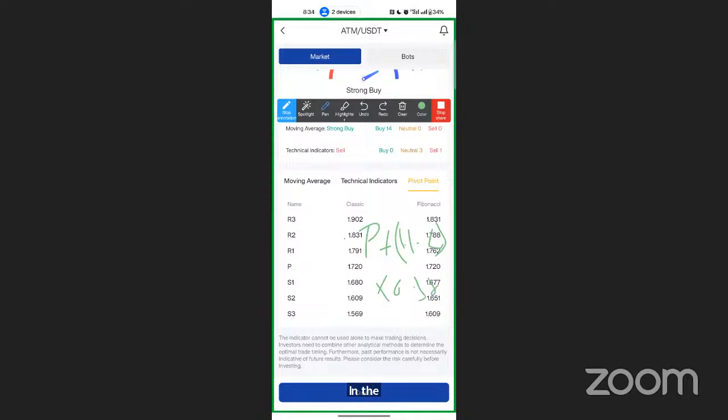I'm going to post this onto the WhatsApp channel. So that's how here they will be using Fibonacci ratios 0.382, 0.618 to calculate support and resistance. That is the only difference.